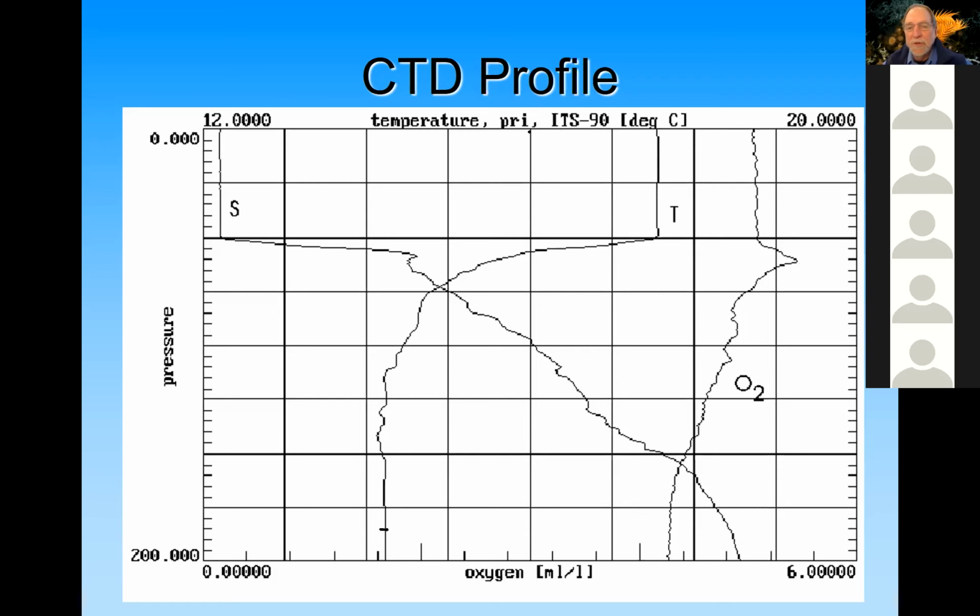A water column could be like a 10-meter square shaft going from the surface all the way to the bottom. And within that, you would expect the properties of the water to change as you moved up or down in the water column.